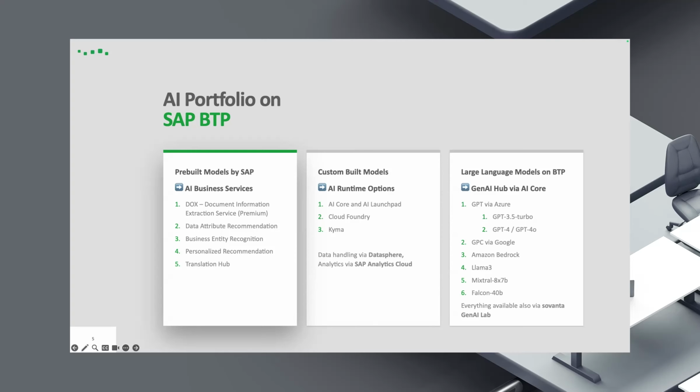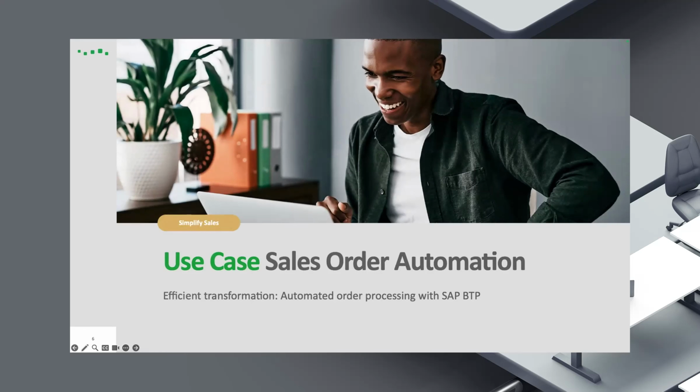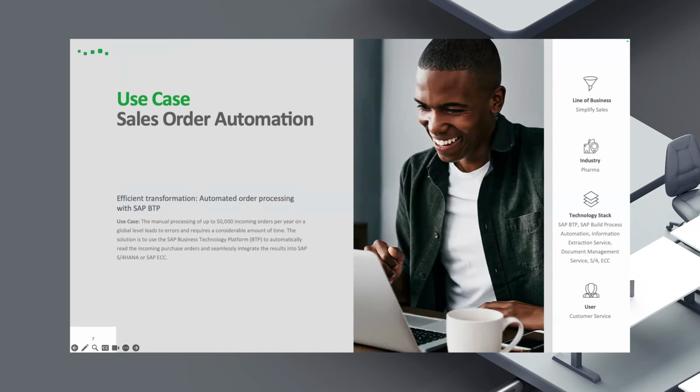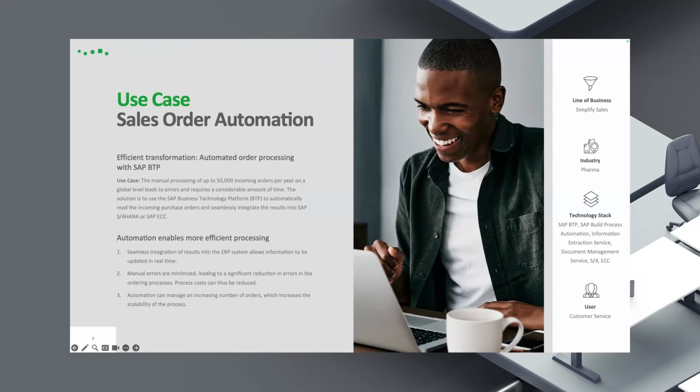We also have a use case for this pillar, which uses the document information extraction service, which is the use case of sales order automation, where we extract structured data from sales orders coming in as PDFs in various unstructured formats. You can see here the number of 50,000 incoming orders per year.